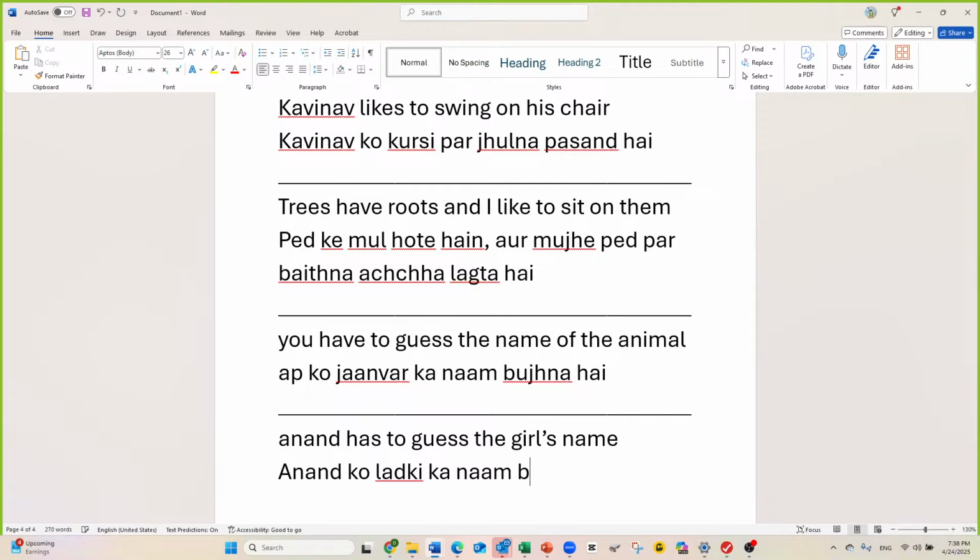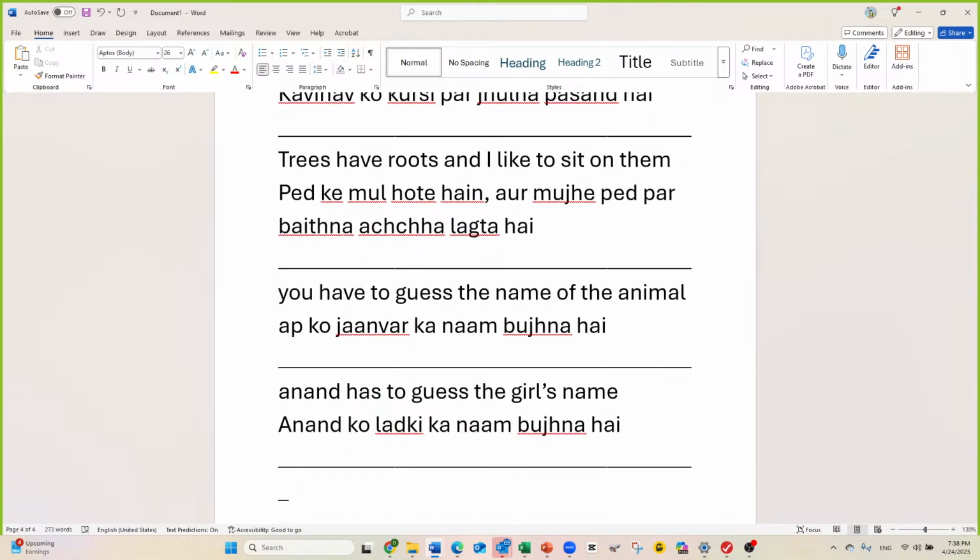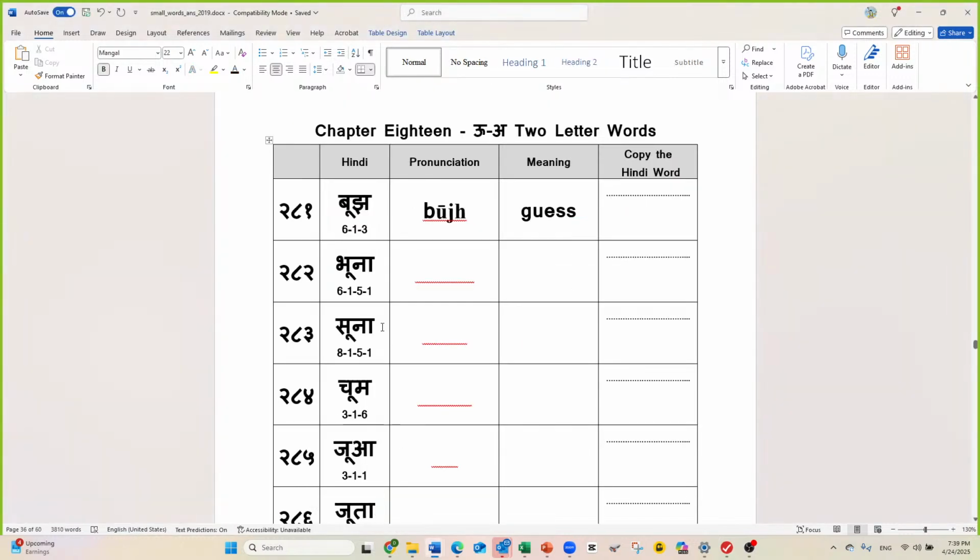Very good. आनंद को लड़की का नाम बूझना है. Very good. You're doing very, very good today. I'm serious. Thank you. You're giving me exact sentences. So ladki you guessed on your own, which is not very easy to do. Okay, let's do one more word.